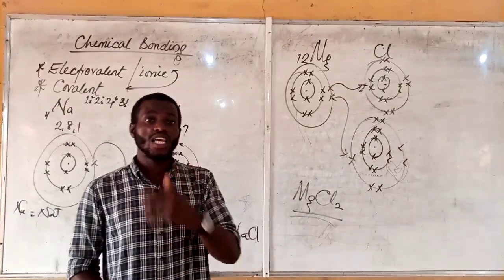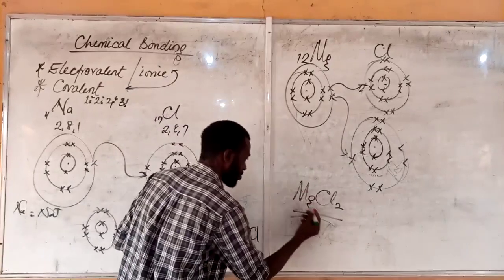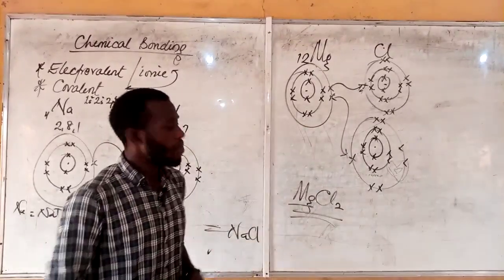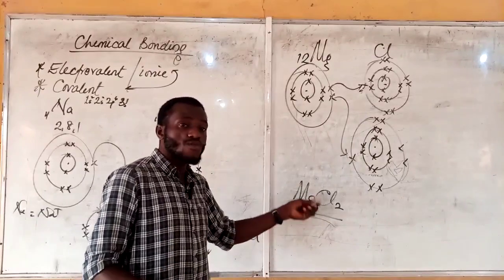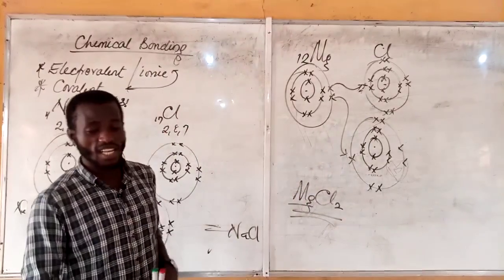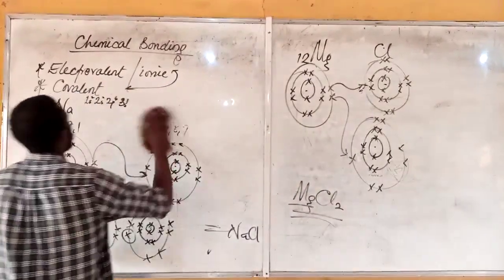So that is it on electrovalent compounds. Notice, the compound is always between a metal and a non-metal. Magnesium oxide, aluminum oxide, aluminum chloride, magnesium fluoride, sodium fluoride, like that. That is the way electrovalent compounds are formed, usually between a metal and a non-metal.